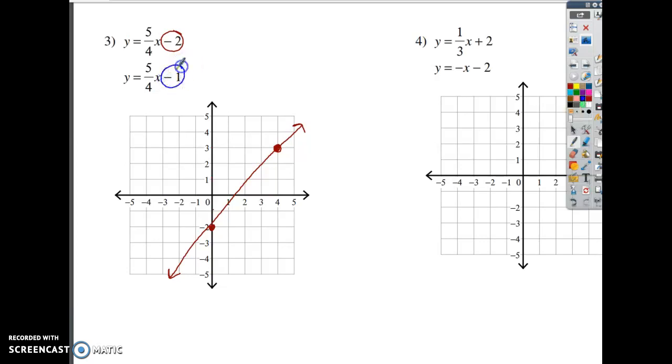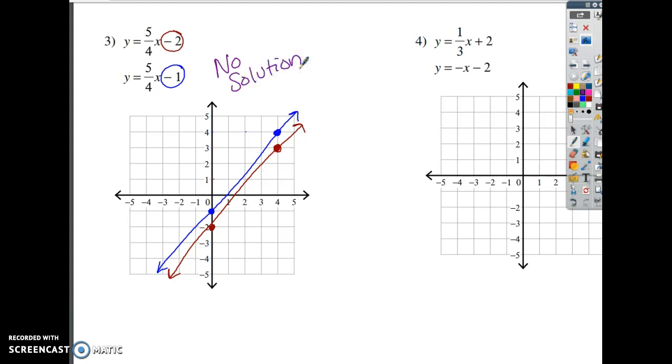Because we start at negative 1, and we go up 5 over 4, same slope, 1, 2, 3, 4, 5, over 1, 2, 3, 4, which is that point that I just told you, 4, 4. Connect the points. These are parallel lines. Parallel lines never touch. They never intersect. So this would have no solution.